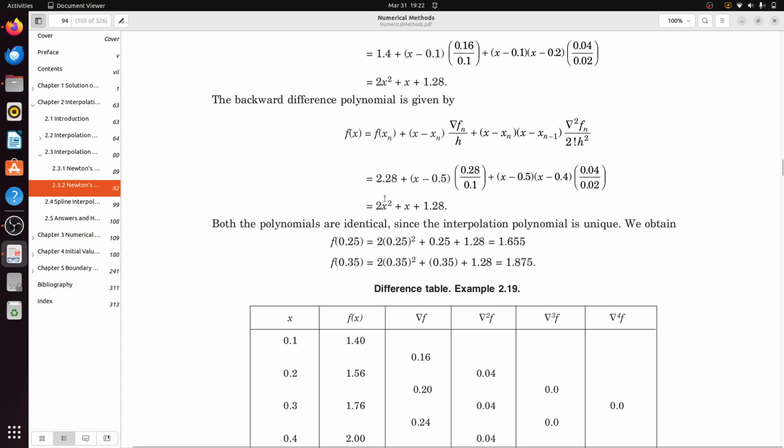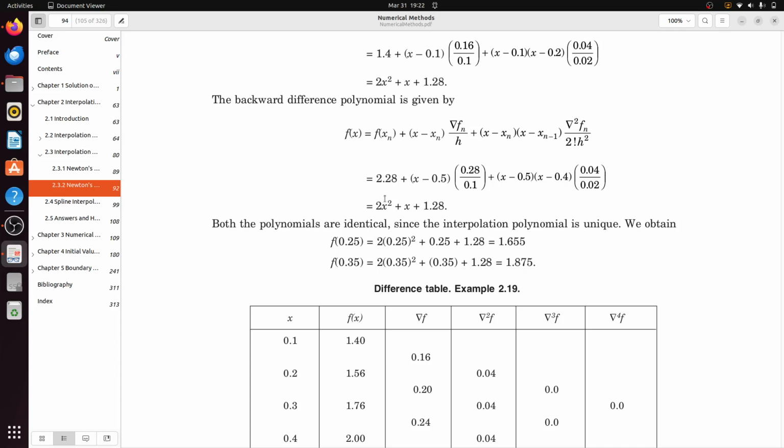So what can we conclude from here? The interpolating polynomial is unique, right? Sir, is it only for this case? No, for every case. You can also cross-check by computing the divided difference interpolation formula, and you will get the same interpolating polynomial.